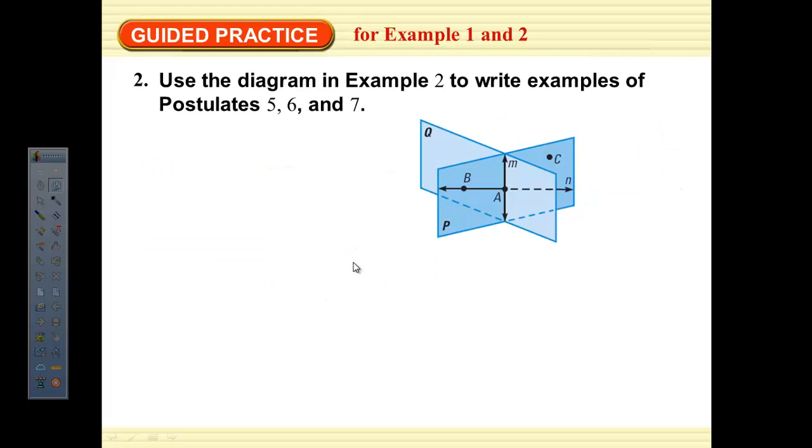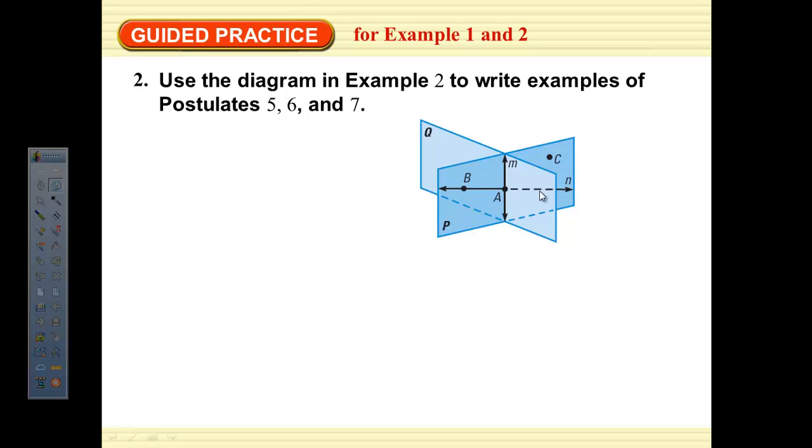For this next one, this is for example 2, but we're doing it so that it all makes sense. It's in order. We want to use this diagram, and we're going to write examples of postulates 5, 6, and 7. Postulate 5 states through any 2 points there exists exactly one line. So we know that through points A and B exists the line N. You can just rewrite those words.